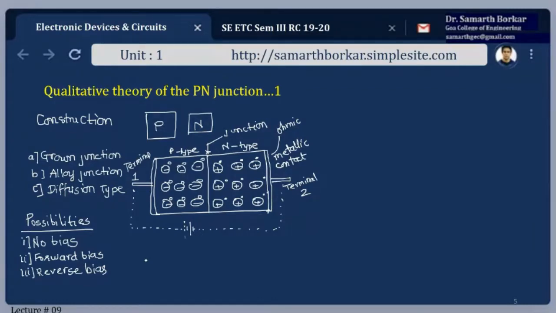So we have three possibilities here: no bias, forward bias, and reverse bias. What we mean by biasing is basically the application of external voltage across the two terminals.